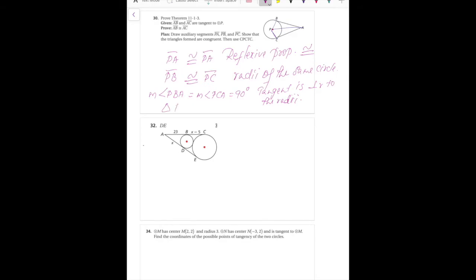Then now we know triangle PBA is congruent to triangle PCA by HL theorem.